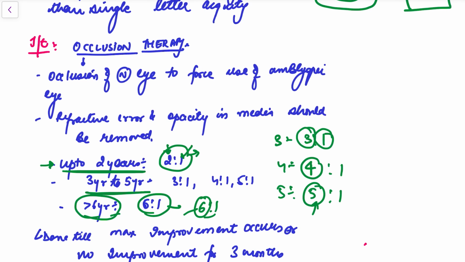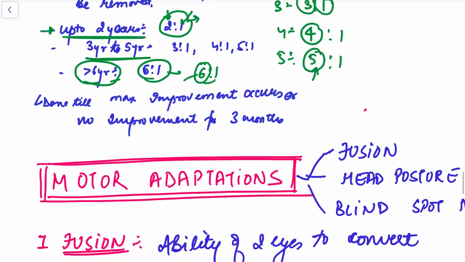So for the occlusion therapy to work, the amblyopic eye should be able to focus. If the deviation is small, the eye may focus. But if the deviation is very large, or if the refractive error is very large, firstly you have to correct that pathology. Only then, after correcting that, we do the occlusion.